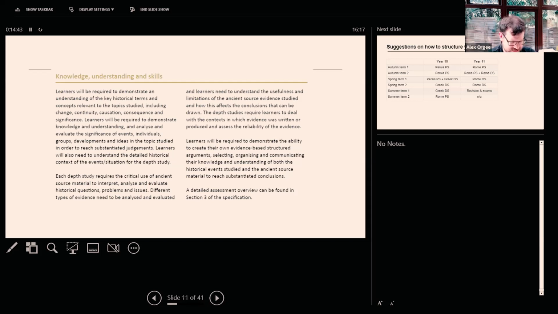And there's an expectation, given that these are set sources that would have been studied in the classroom, that students would understand the usefulness and limitations of the ancient source evidence and how this impacts the conclusions that can be drawn. So picking up some of the points that Steve just mentioned in terms of the historical method, the aims of the historian, the potential other sources that they might have used to come to a judgment.